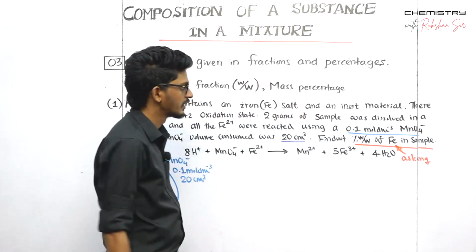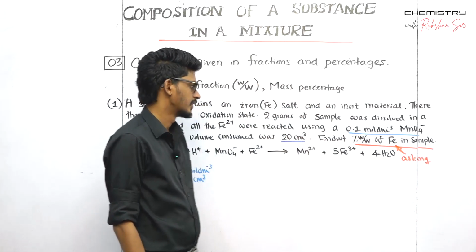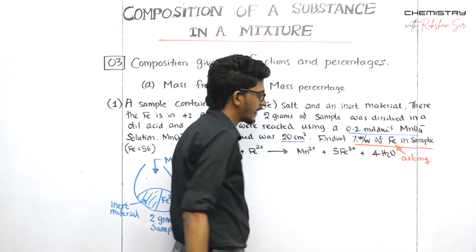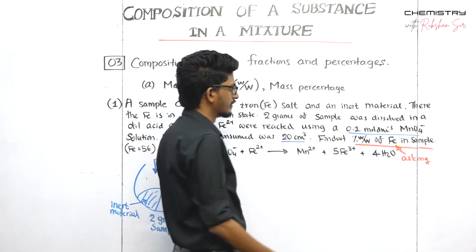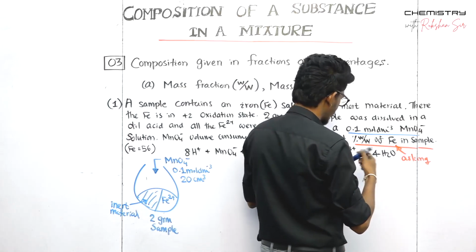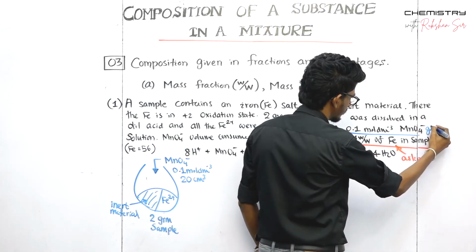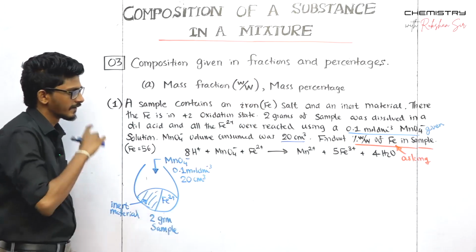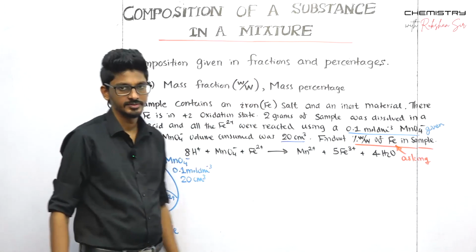The asking data is all about iron, and what they have given is some data for the MnO4 minus. So MnO4 minus is the stuff which is given. Just identify that.